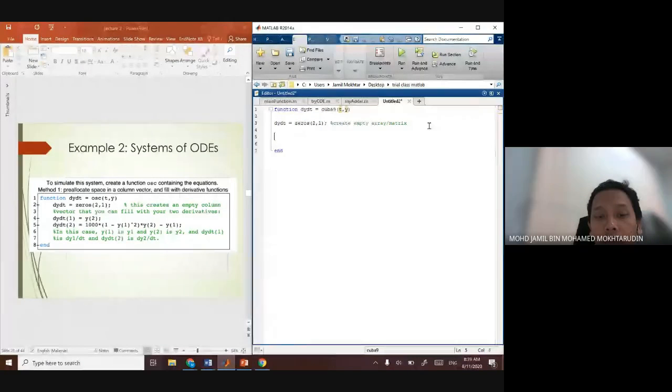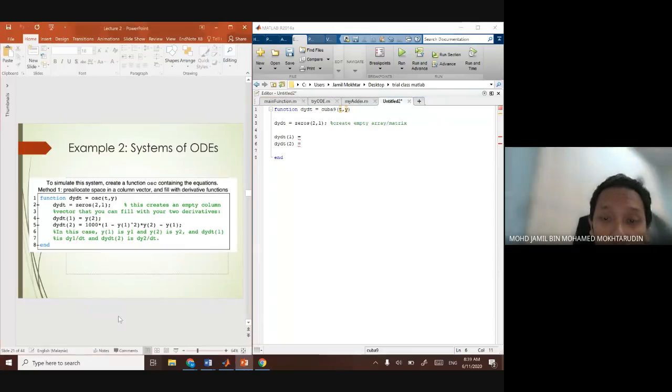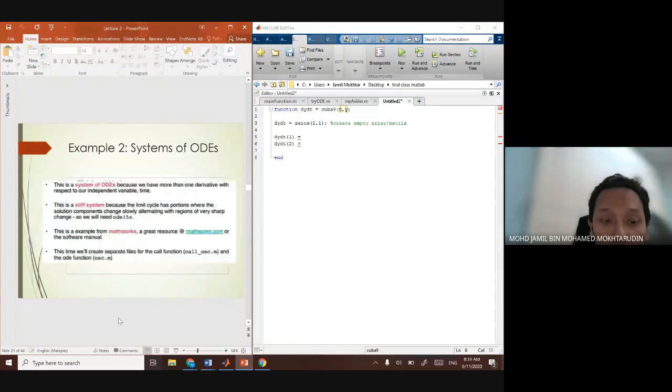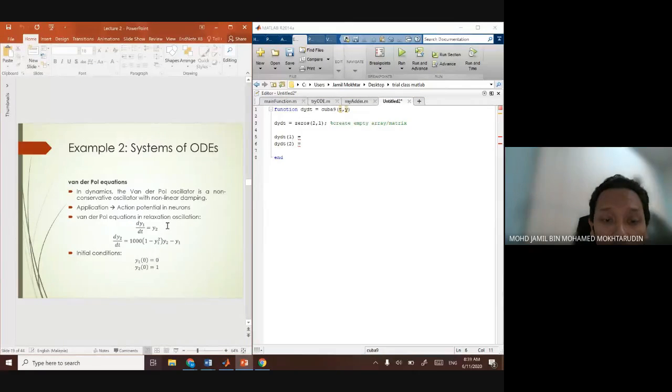And then after that, you need to write your ODEs. Since you have two ODEs, first you write dy/dt(1), and second is dy/dt(2). Let's write equation number 1 first. Equation 1 says dy1/dt equals y2.